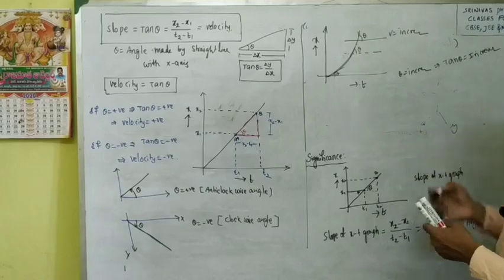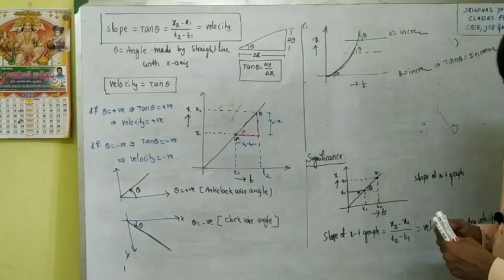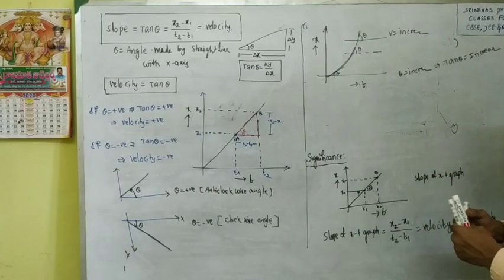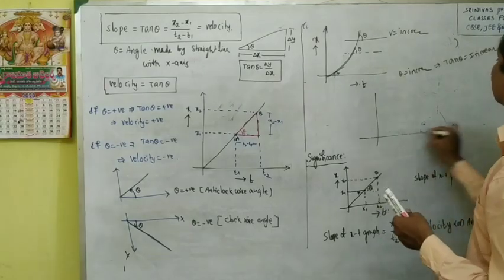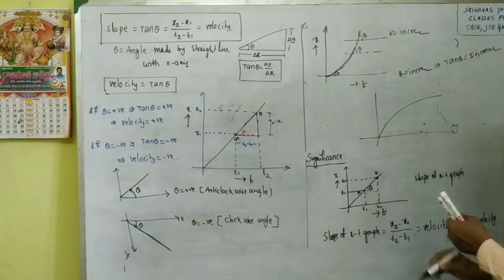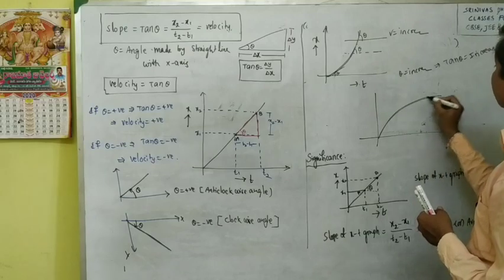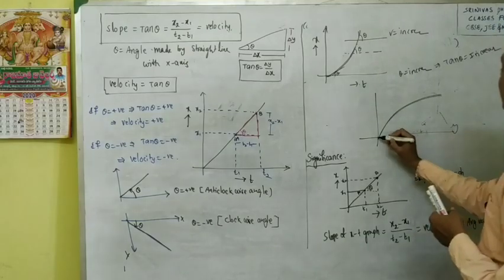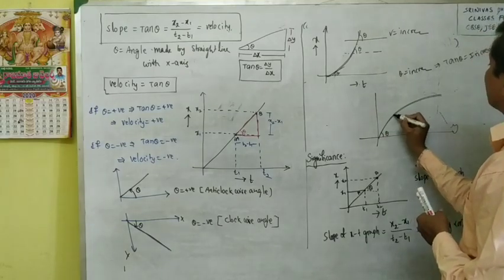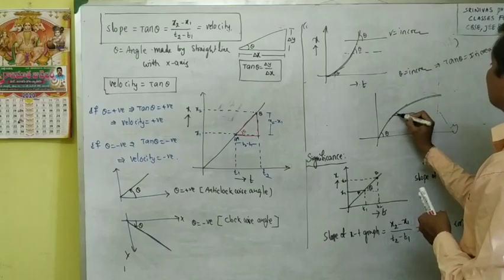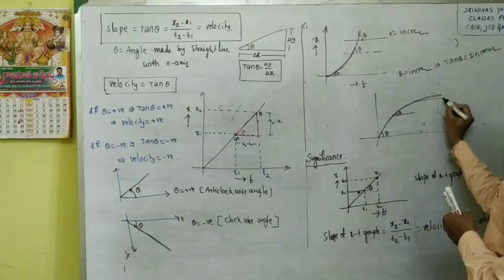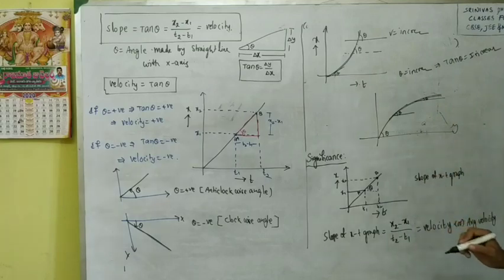Velocity increasing means non-uniform motion. And if the graph is like this, and here you take the angle theta, what is happening?